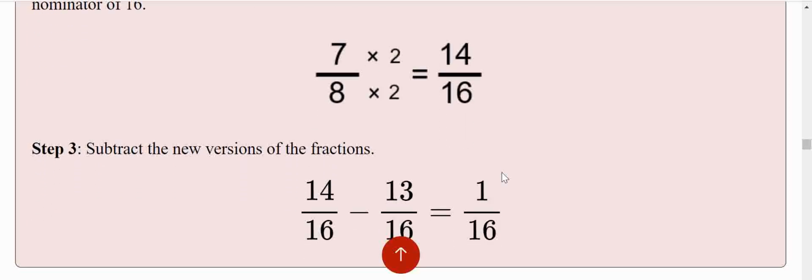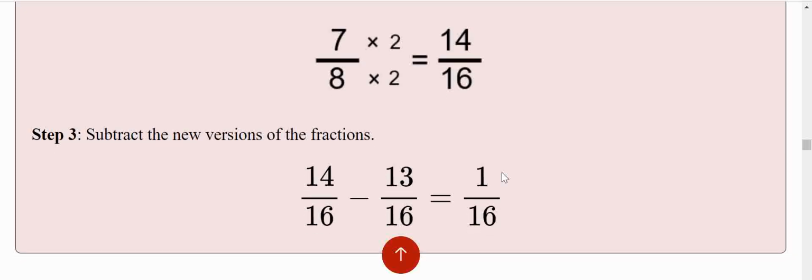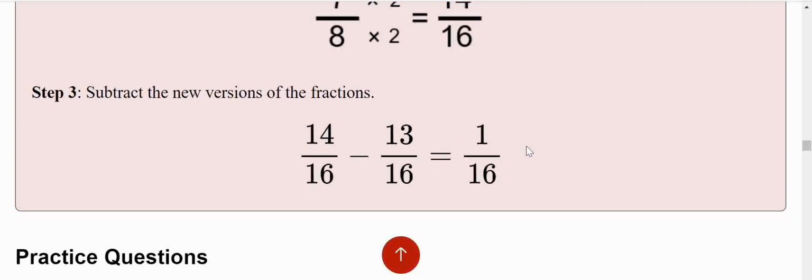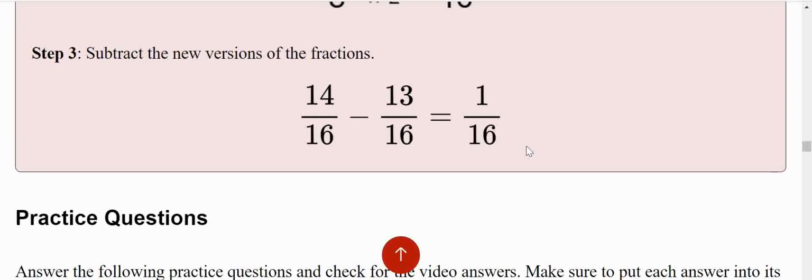Step 3, subtract the new versions of the fractions. So we have 14 over 16 found from step 2, and we subtract 13 over 16. And now that the denominators are the same, we can subtract the 14 minus 13, giving us 1 over 16.